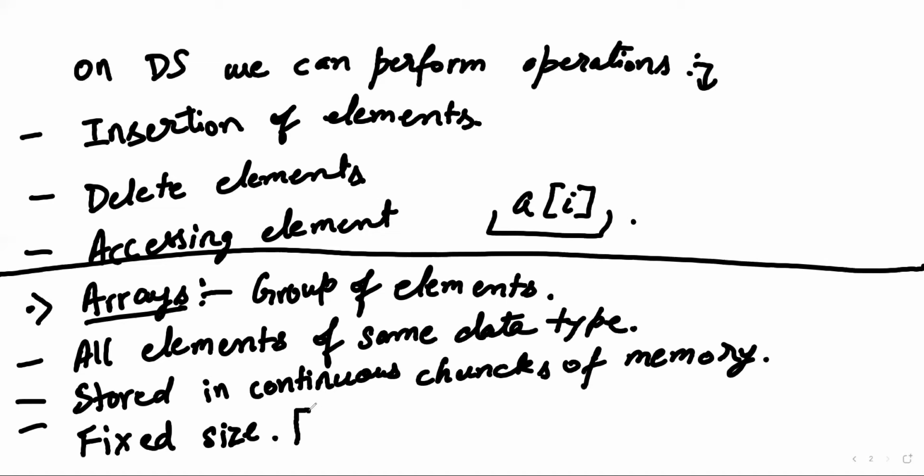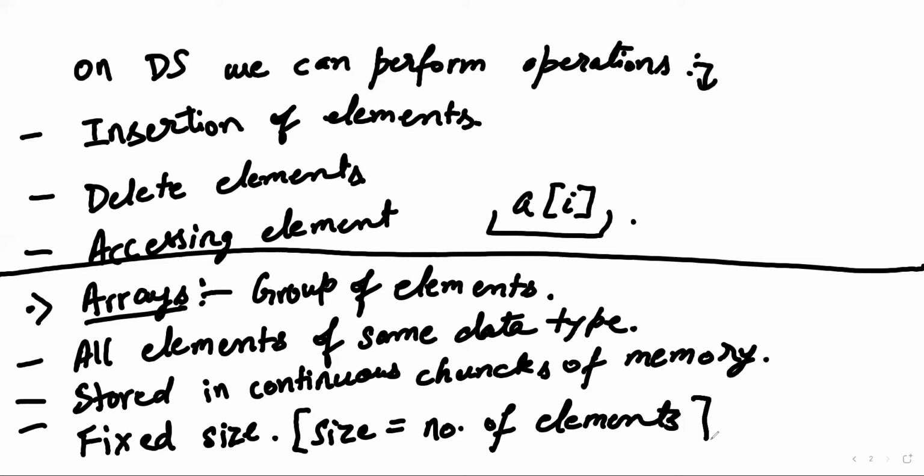Before defining an array, it is compulsory that we know the size of that array. And what is the size of an array? Size of an array is defined as the number of elements present in that array.